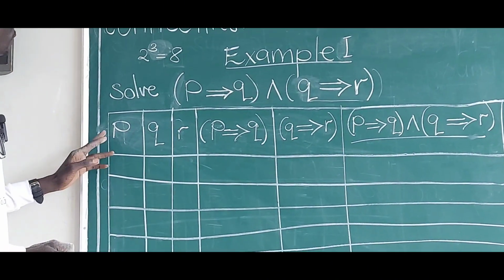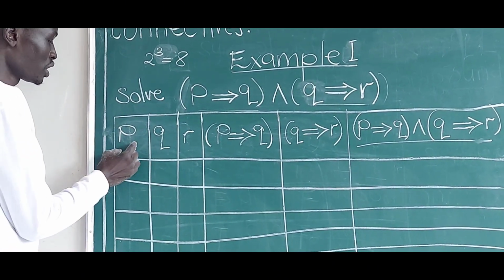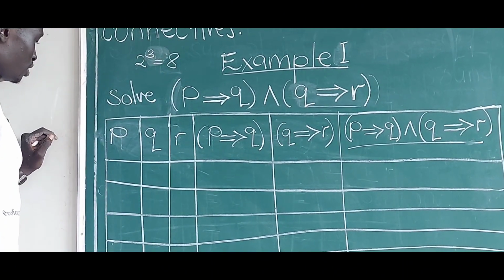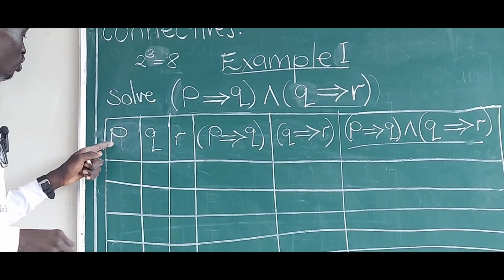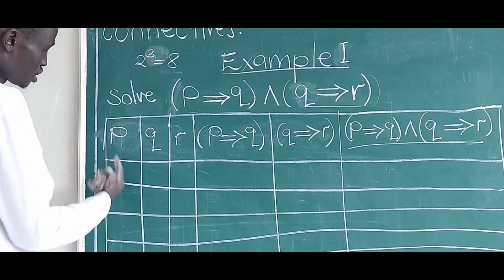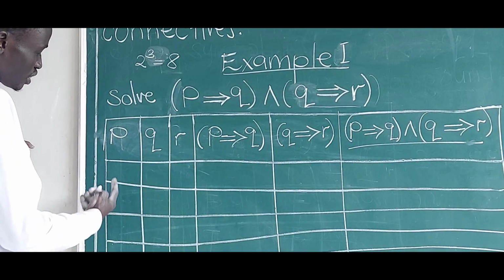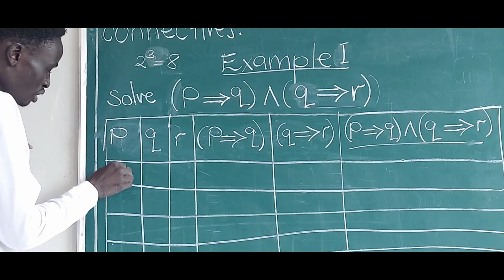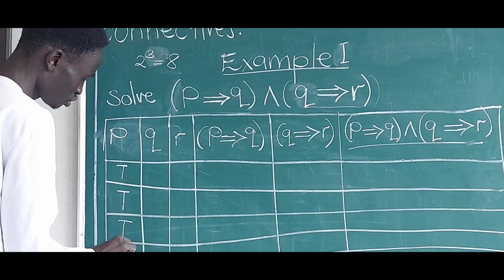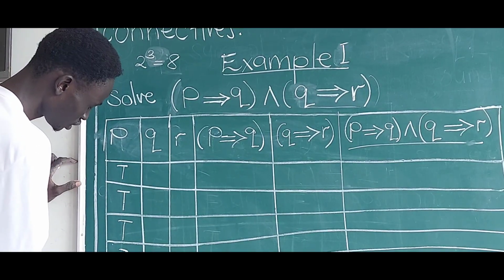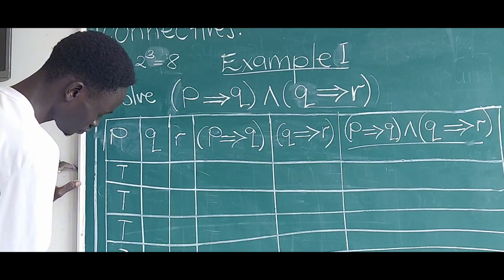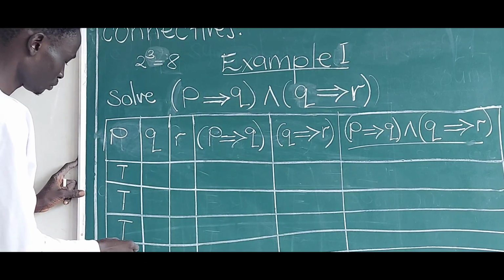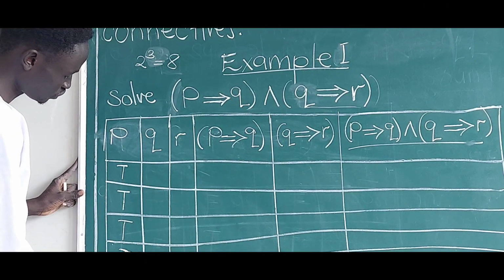First of all, the letter P will take half of the rows. The first half of the rows will take the first truth value, which is true. So here we have true, true, true, true. Then here we have false, false, false, false.